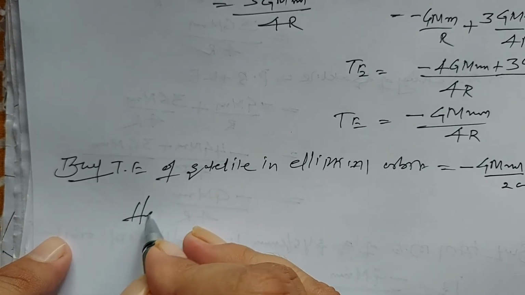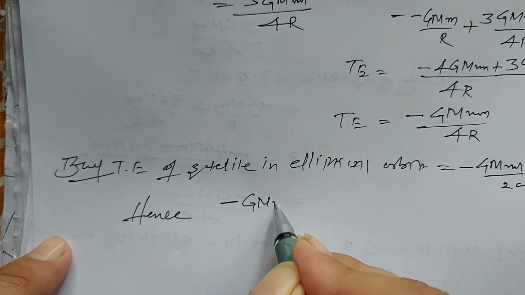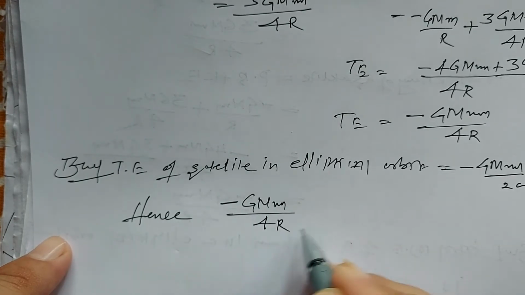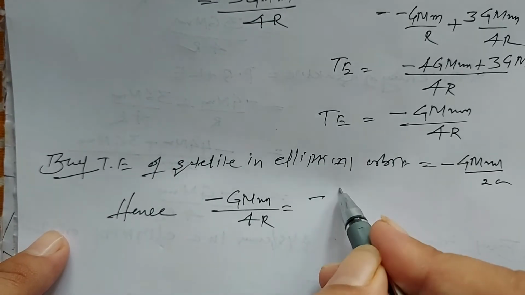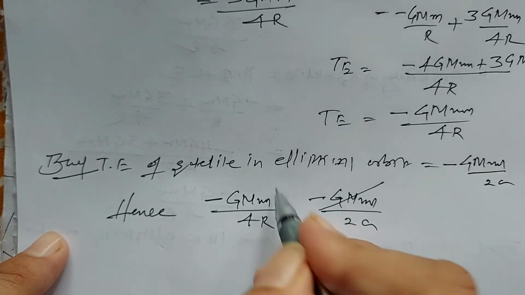So minus GMm divided by 4R is equal to minus GMm divided by 2a.